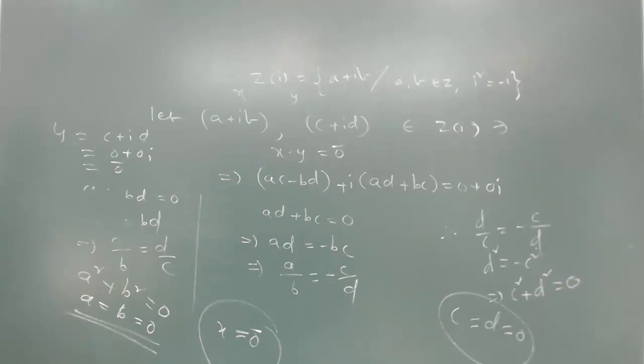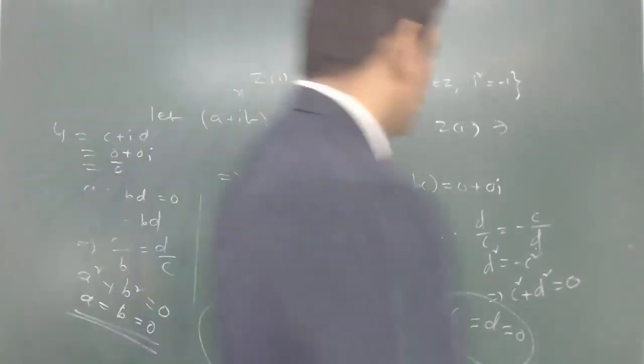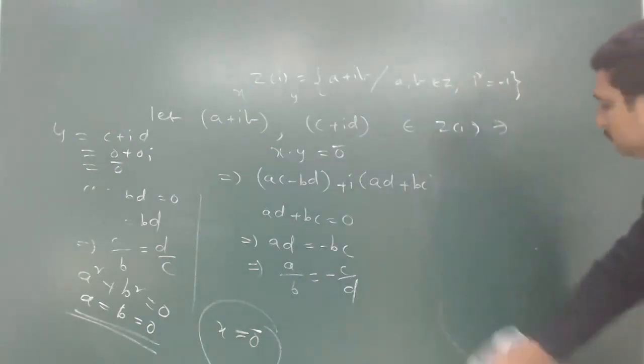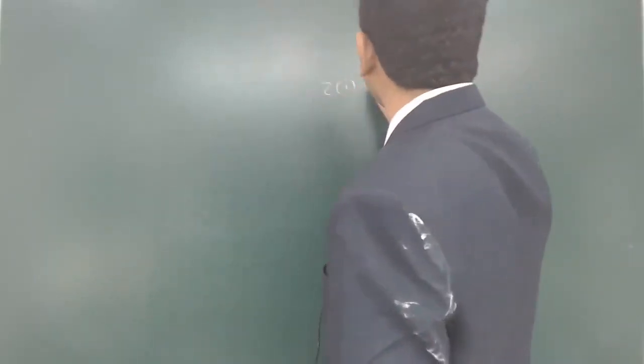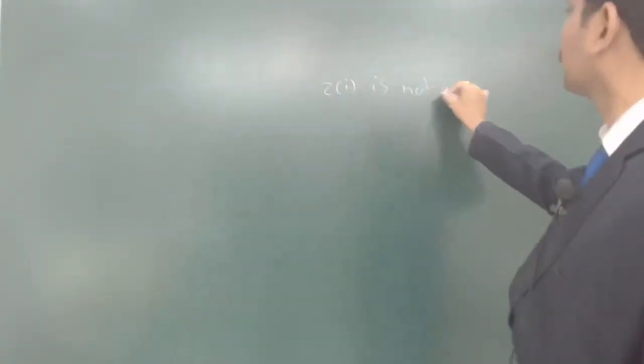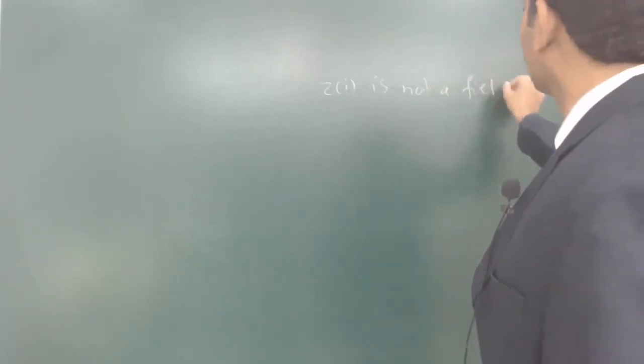Are you clear? Fine. Now, Z of I is not a field. Let us discuss this.